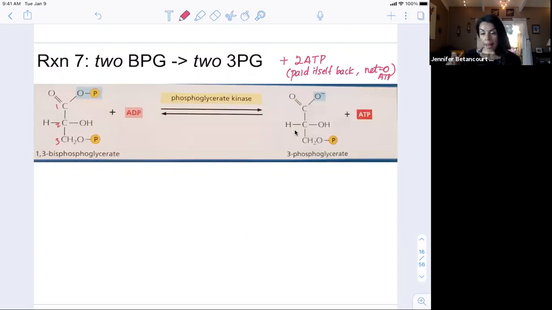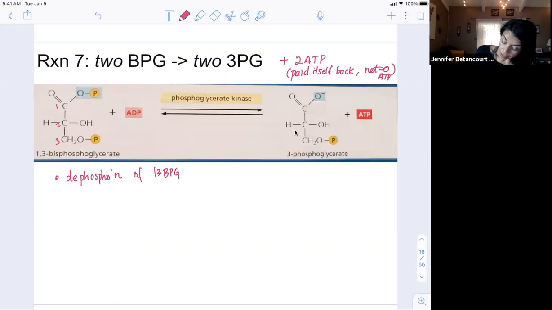And uses that phosphate group to phosphorylate ADP to make a molecule of ATP and the product 3-phosphoglycerate. So the enzyme catalyzes, what is it? Put it in chronological order. What has to happen first? You have to remove the phosphate, so the dephosphorylation of the substrate.